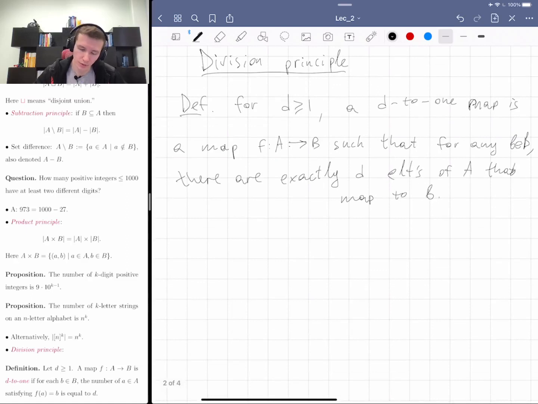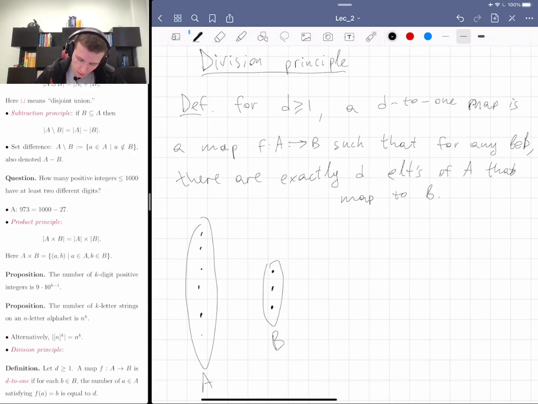Okay, so the picture you should have in your head looks kind of like this. Here's your set A, here's your set B. You have some points here and then some points here.